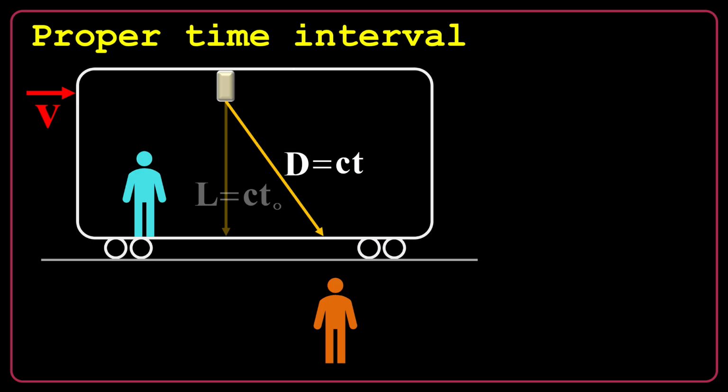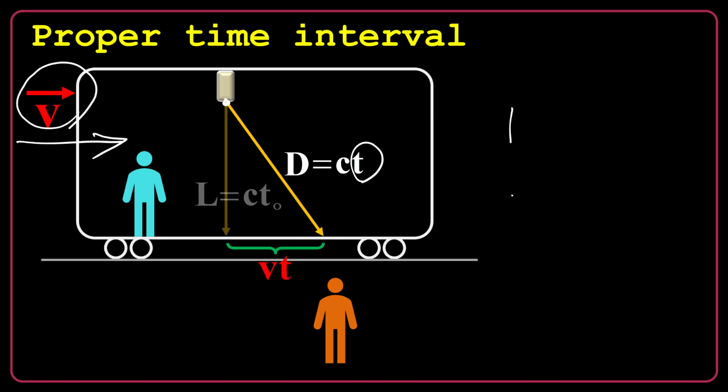On the other hand, we know that the train is moving rightward at a speed of v. So in the time t that the photon travels from the top to the bottom of the train, the train will also be displaced by vt. Now look at this right triangle.